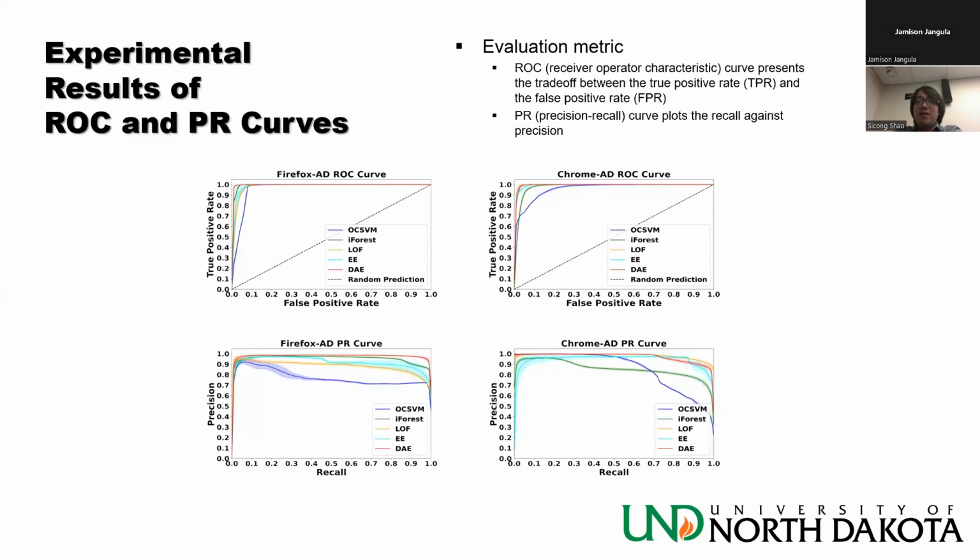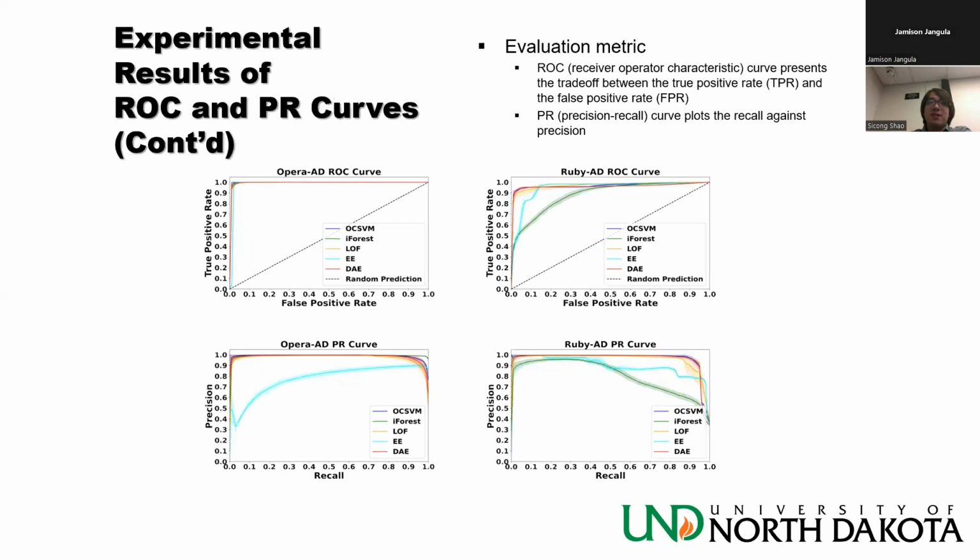So overall, the mean ROC curve and the mean PR curve of the denoising autoencoder based anomaly detection algorithm cover other anomaly detectors, showing a better performance. And for Opera and Ruby, the denoising autoencoder based approach still roughly covers other anomaly detectors.